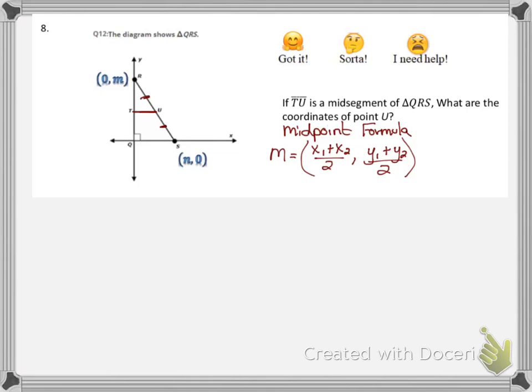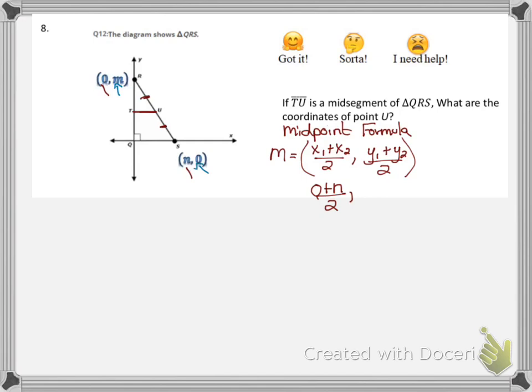All right. So if we add the x's, here's my x value here and here. So we're going to go 0 plus n divided by 2. And now we're going to go ahead and look at our y's. And so here's our y value, which is right here and here.